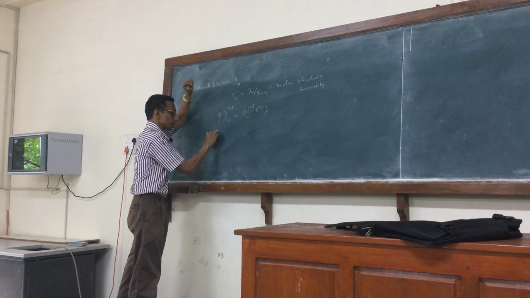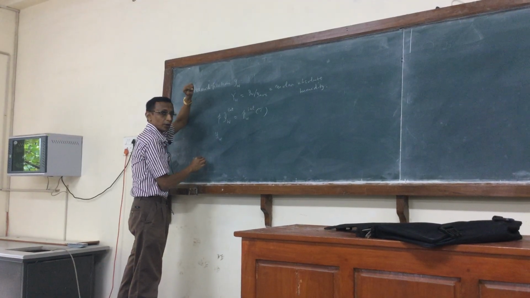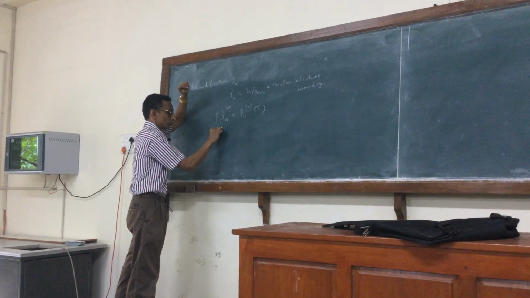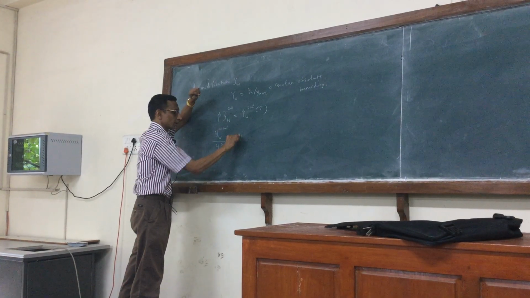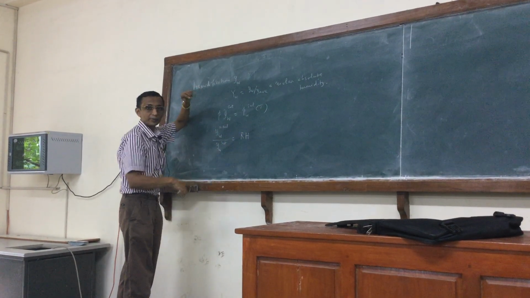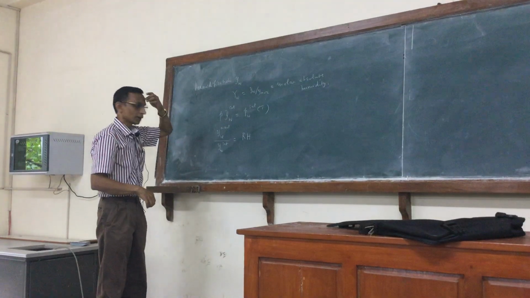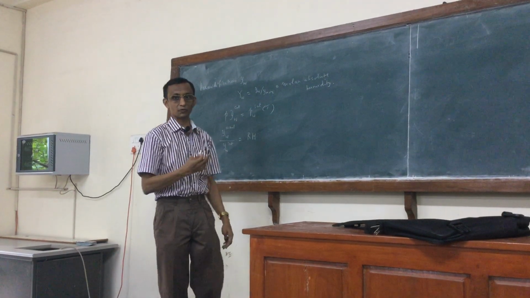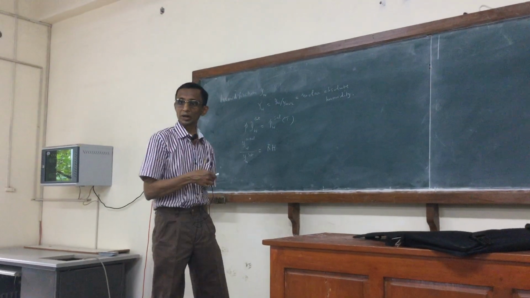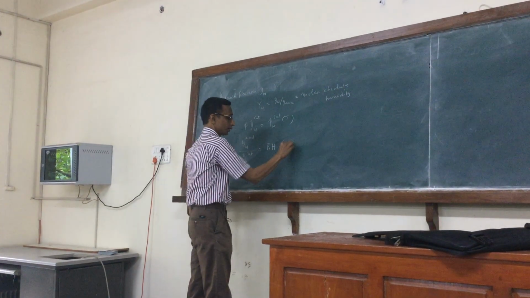For the relative humidity, we take the actual YW by YW saturation. This is the relative humidity. Clearly this will be less than 1, if you're expressing it as a fraction, or you can multiply by 100 and express it as a percentage.